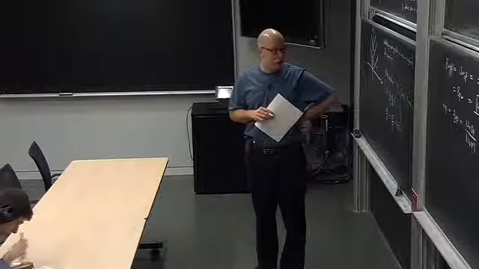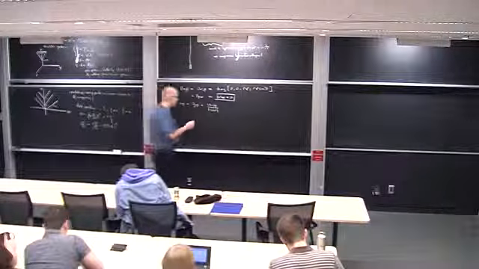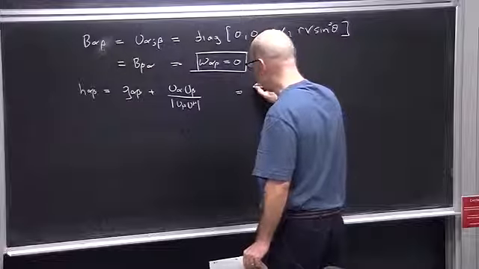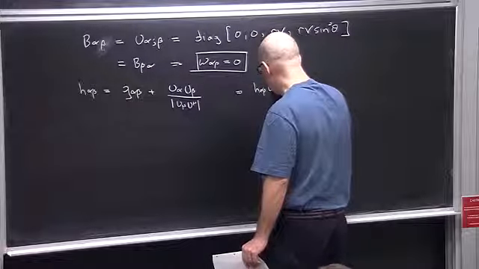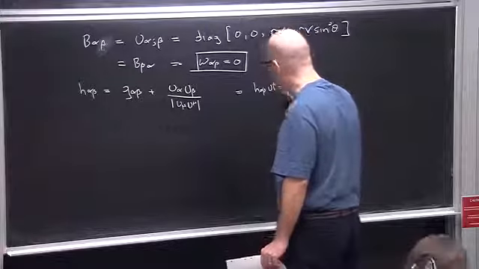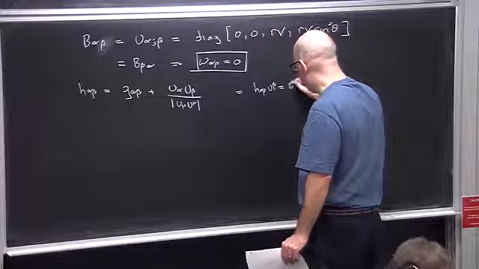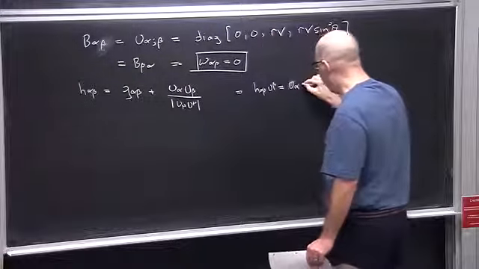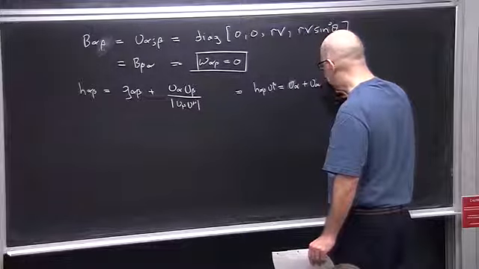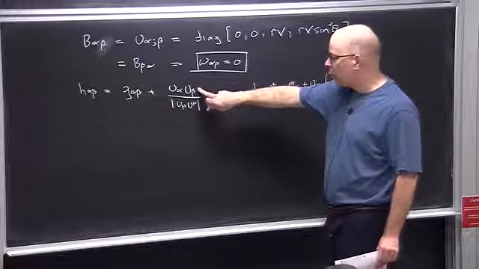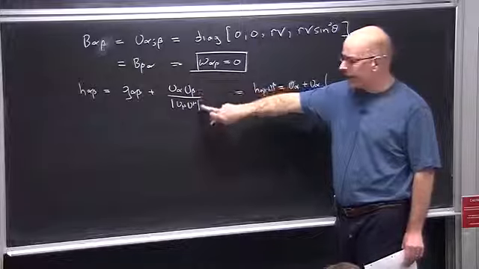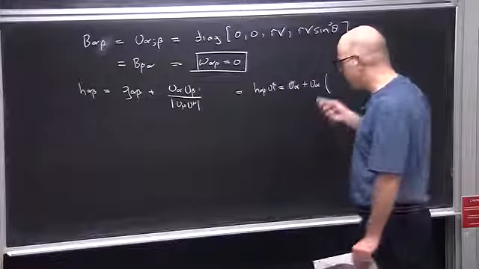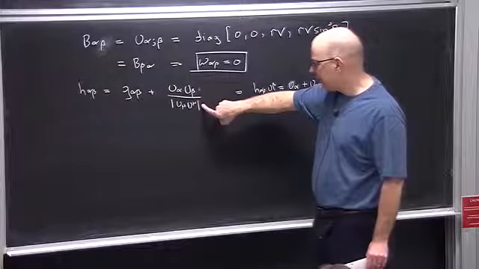So the point is that if I multiply this by u beta, I still get u alpha from the first term, and I will get u alpha from the second term, but now I get u beta multiplying u beta, and I get this back with a -1 because it's negative.